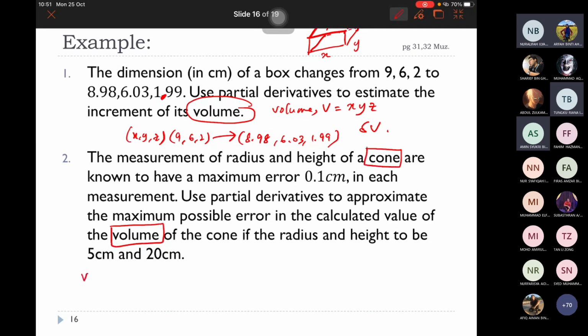So, the volume of a cone. What is the equation? You learned this in primary school, right? V equals what?